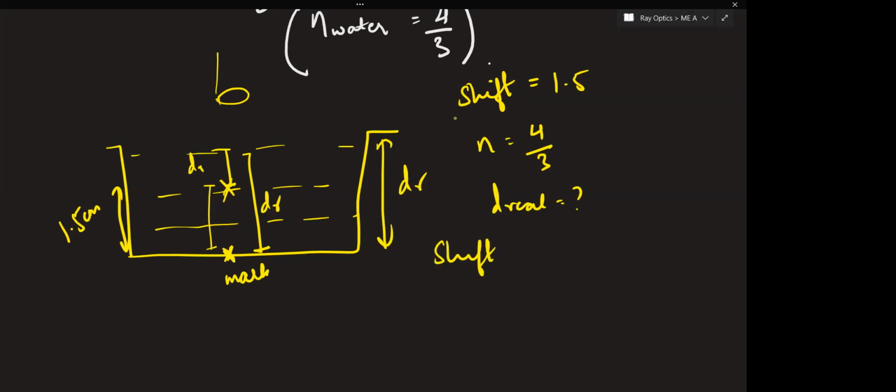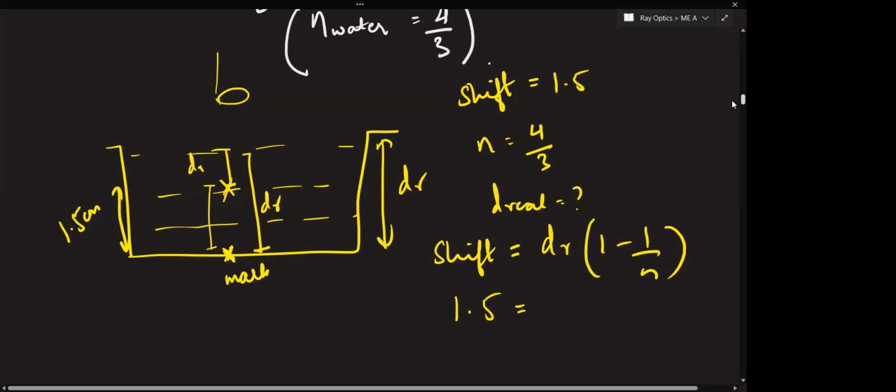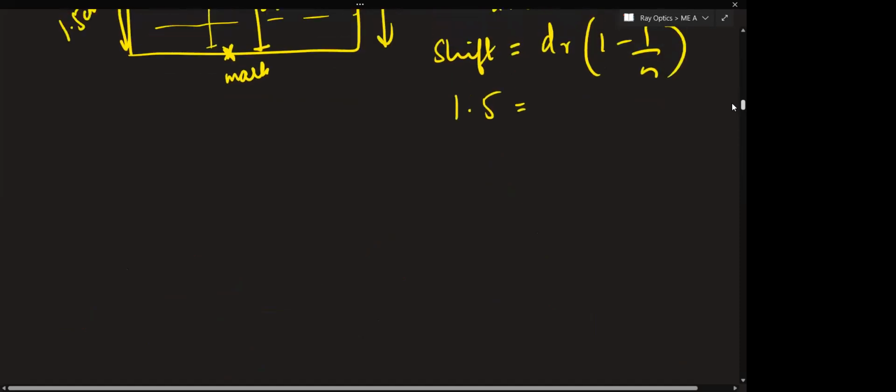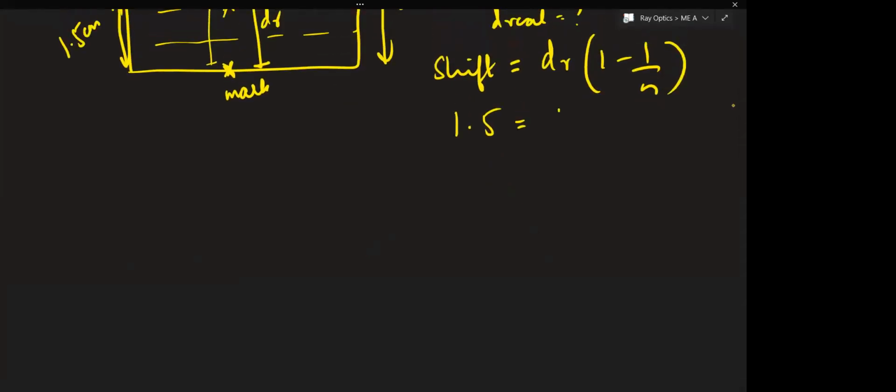Shift is equal to D real times (1 minus 1 by n). D real you can say, or you can directly use the word thickness also. So this is equal to what? 1.5 is equal to thickness times (1 minus 1 by n).